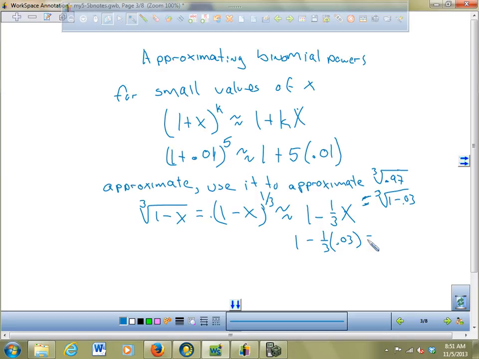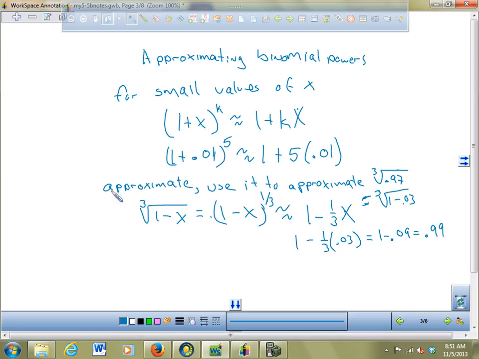So 1/3, what's 1/3 of 0.03? Is that 0.01? Yeah. So that would be 1 minus 0.01, which would be equal to 0.99.